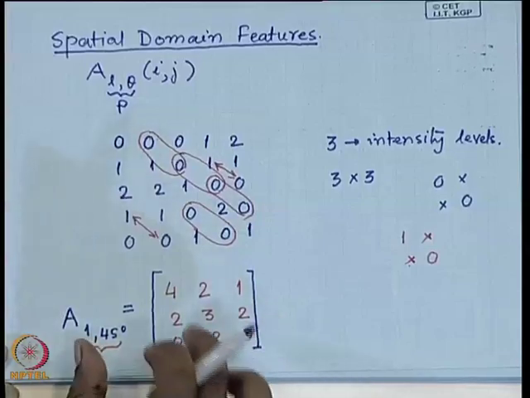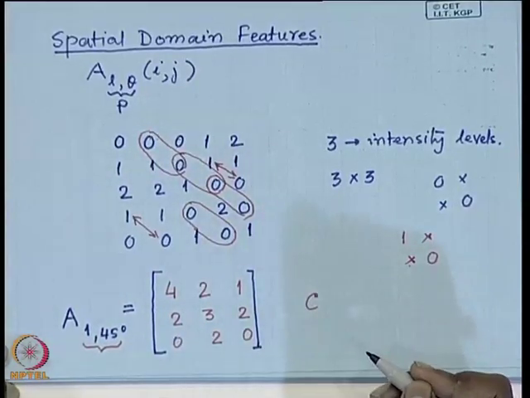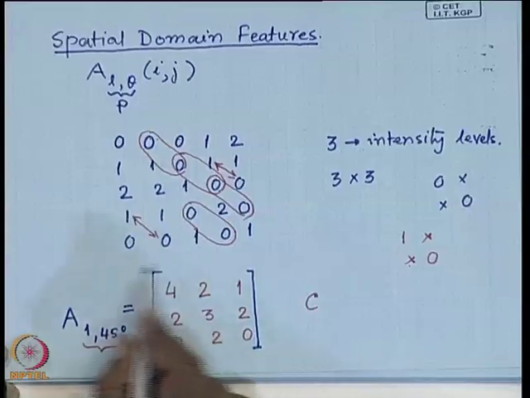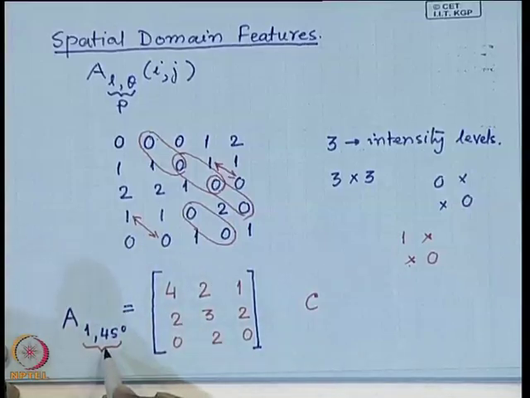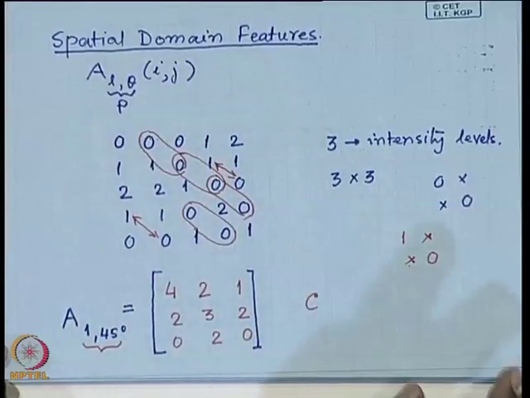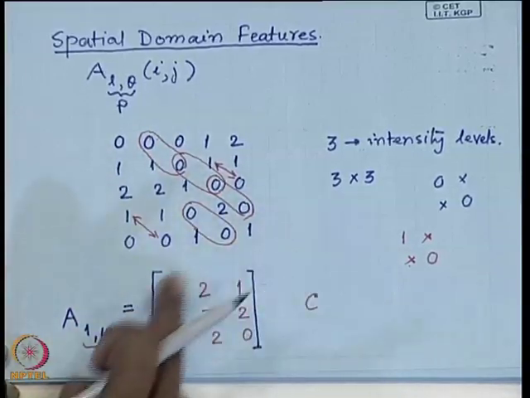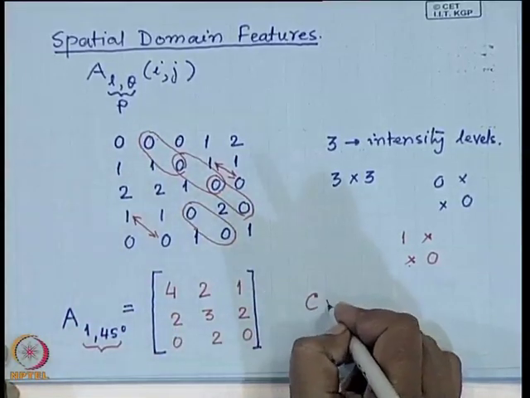Now from this matrix I compute the co-occurrence matrix C, which is nothing but normalization of this matrix A L theta with respect to the total number of occurrences. If I take the sum of all the elements in the matrix, that gives me the total number of occurrences of the intensity pairs. Dividing A by the sum of its elements, I get this co-occurrence matrix C.